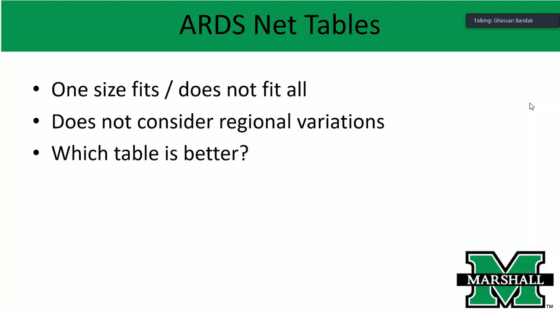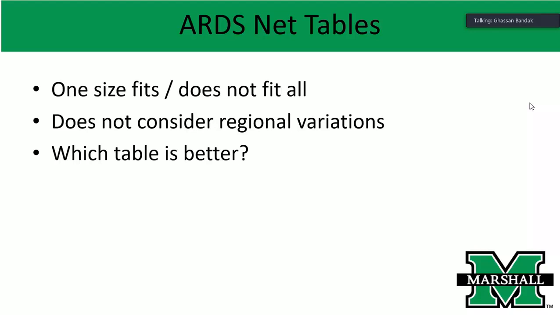So you can't just go by the same number on Saddam, if God forbid Saddam is on the vent, as on that patient with a BMI of 45. Another thing is that it does not consider regional variations. So if you have a lung that is full of pus and pneumonia and another lung that is open and you use the high PEEP table, you may be causing damage to the good lung because you're hyperinflating that good lung. Okay?